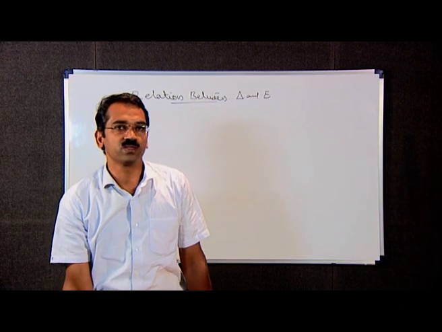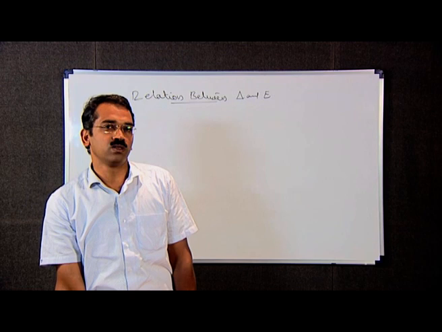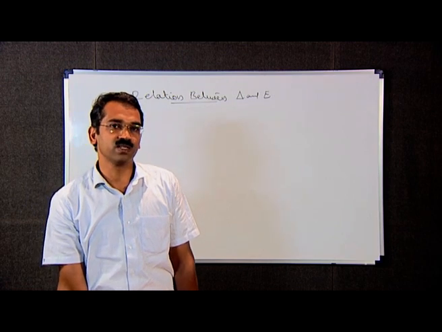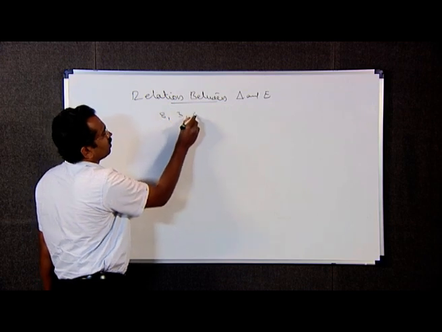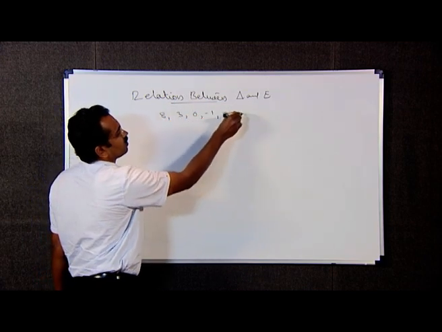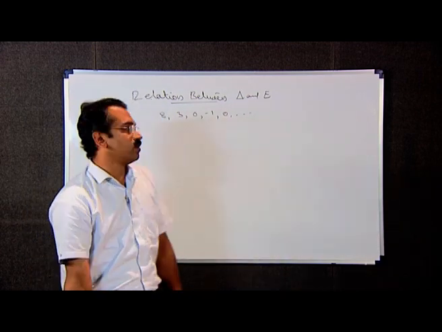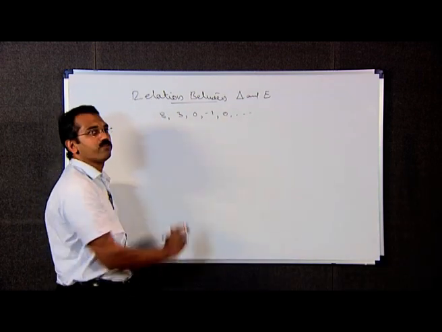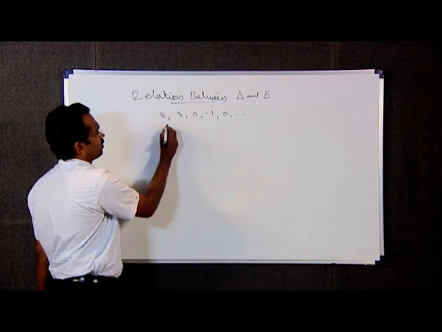The next problem is: find the first term of the given series whose second and subsequent terms are 8, 3, 0, minus 1, 0, etc. We have f of 2 is equal to 8.